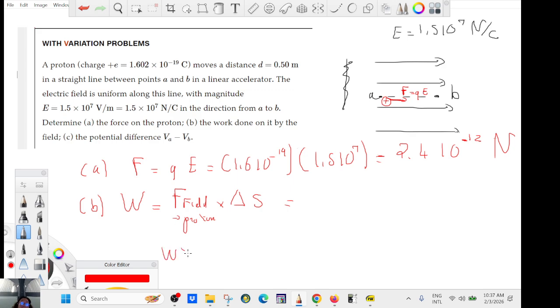So when work is positive, that means that the change in kinetic energy is positive. It tries to make it go faster. Remember from physics 1, work equals change in kinetic energy. So it will be 2.4 times 10 to negative 12 times 0.5. So it's going to be 1.2 times 10 to negative 12 joules. Unit is joule.